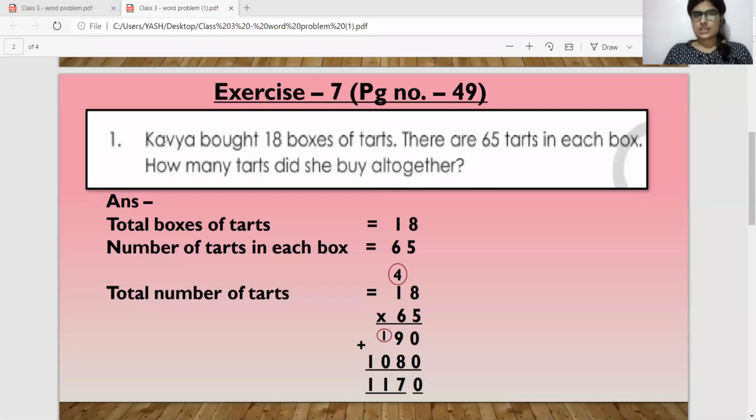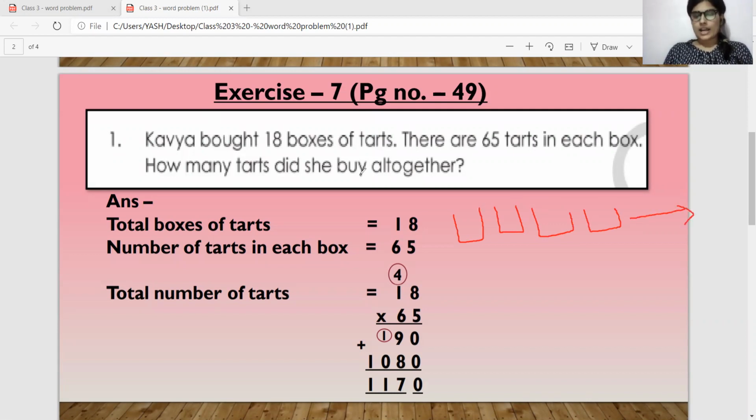It is written Kavya bought 18 boxes of tarts. Means how many boxes of tarts? Kavya bought 18. Suppose one box, two box, three box, four box. In this way, she just bought 18 boxes.